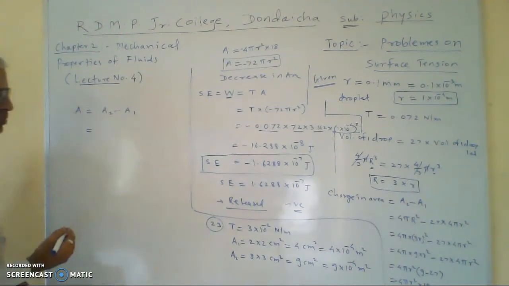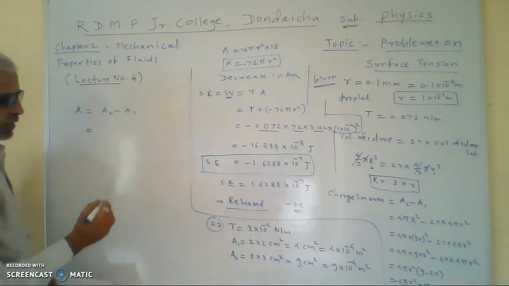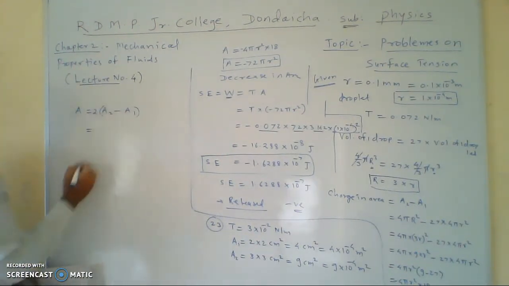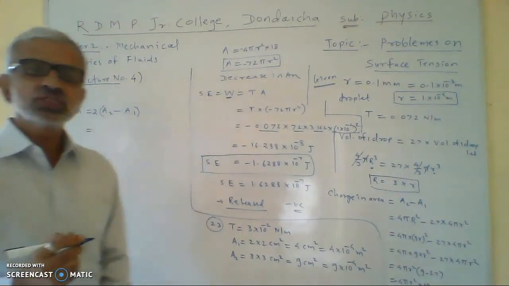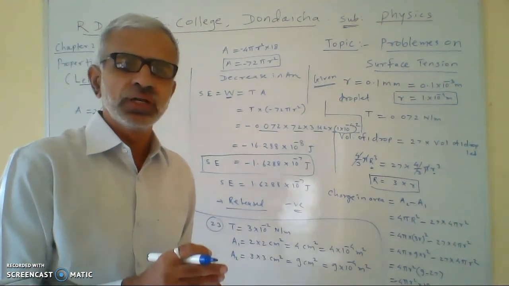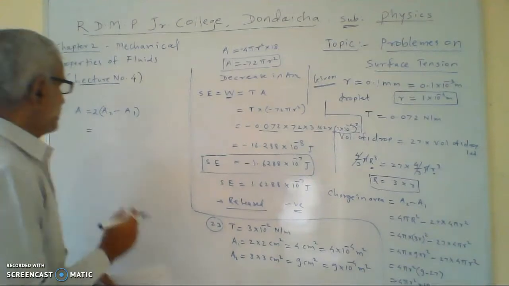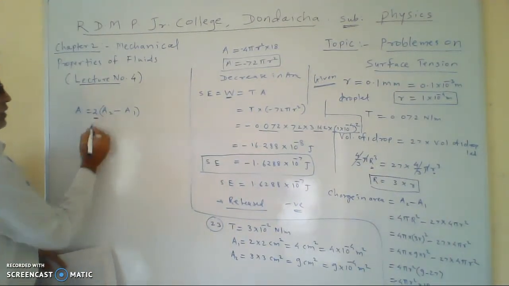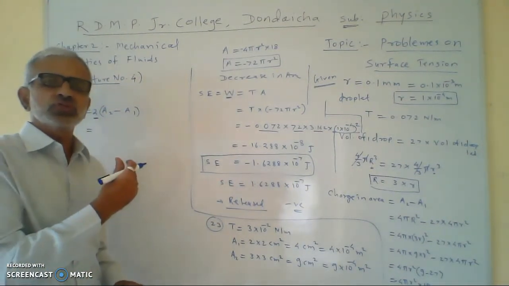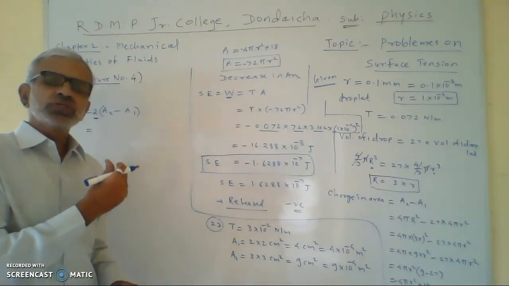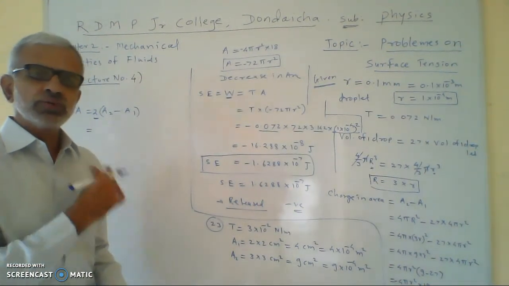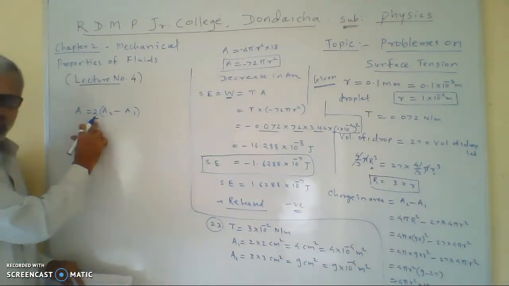Now put the value of A2 and the value of A1, and this change of area will be double because it is a soap solution. If it is a soap solution, the surface film is double, and therefore we take here a factor of 2 when we solve problems of soap solution. The change in area will be double, and so we write here 2.